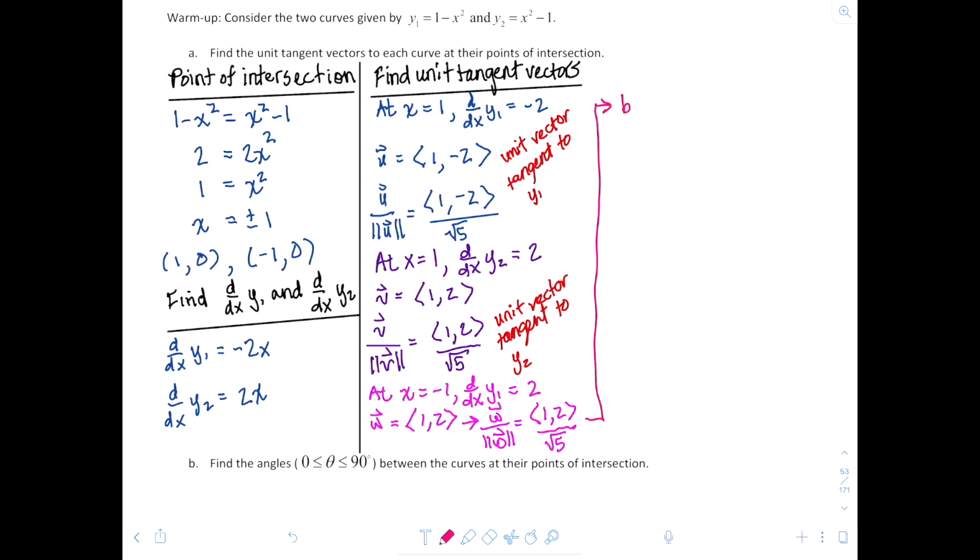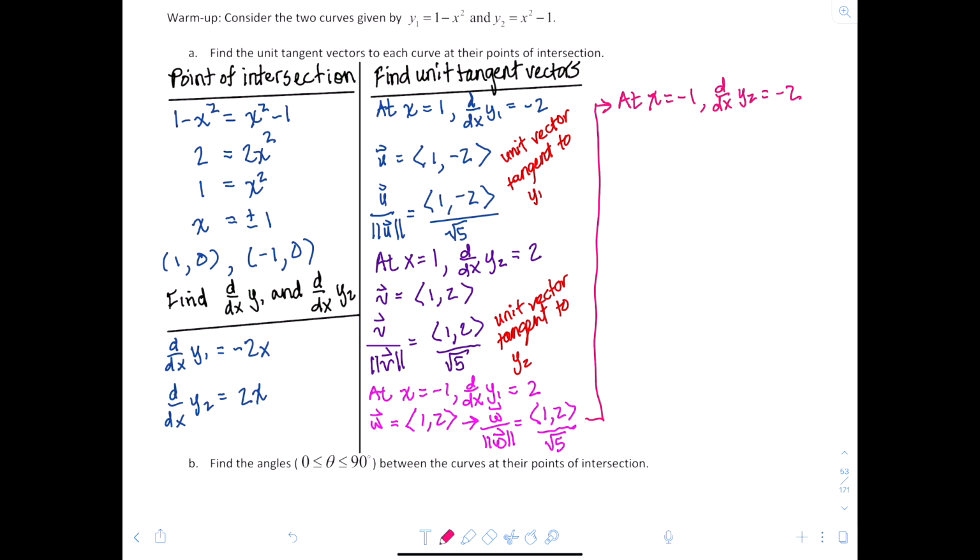So vector B, actually at x equal to -1, d dx of y2 is now going to be, good, -2.